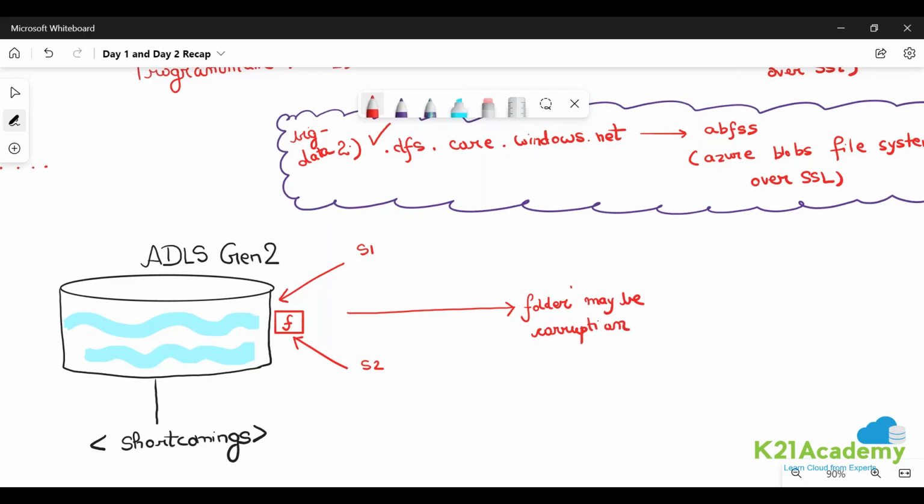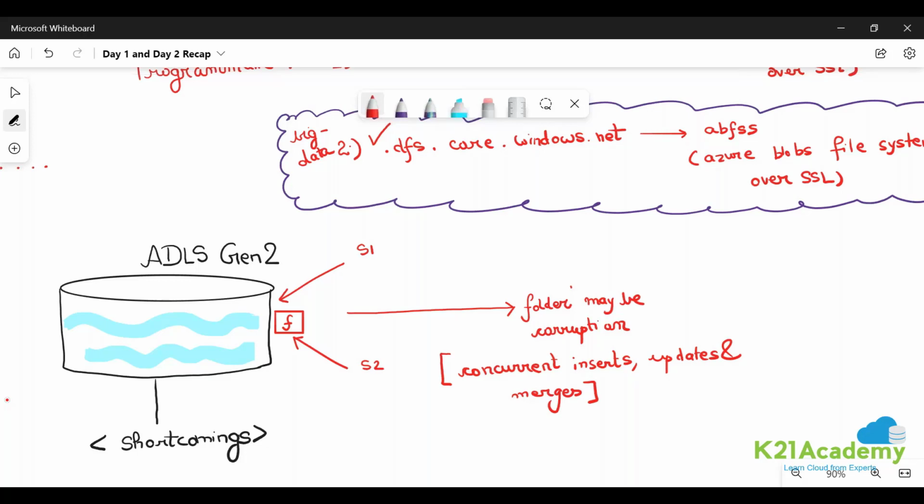There are chances of corruption when you are doing concurrent inserts, updates, and merges. So when you try to do something concurrently, there is a possibility that the folders may get corrupted, and we don't want data corruption.